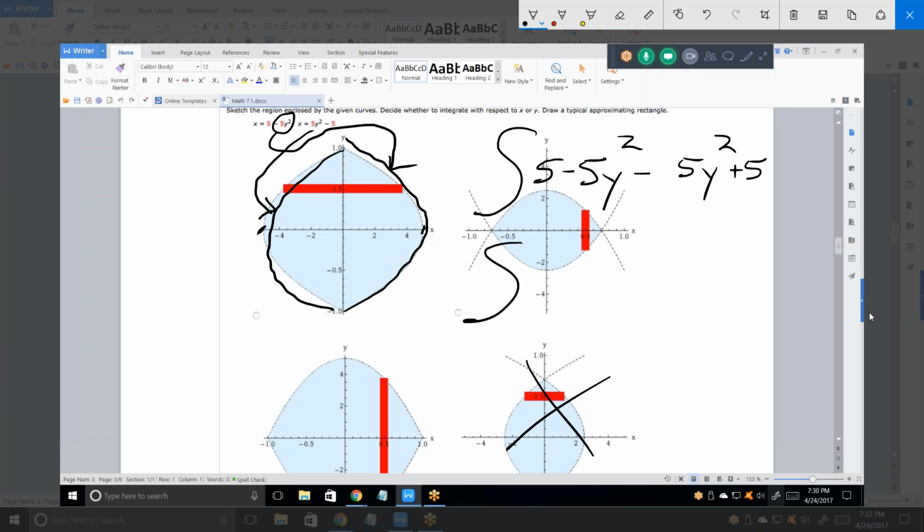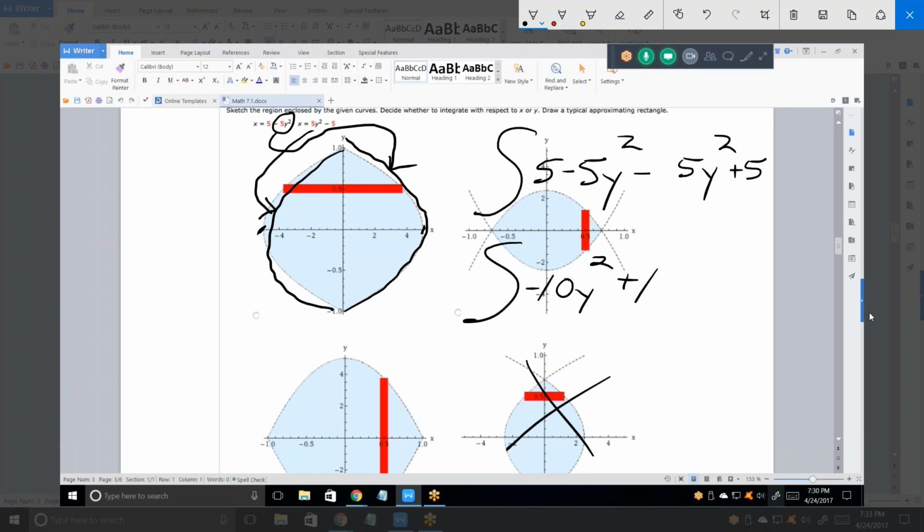We know those all don't go to 0 because we can see there's some area there. If you're tempted to take a quick look at that and say everything cancels, we can tell that's not true just by looking at it. It's got to have a positive area. So combine all these. What do we get? Negative 10y squared plus 10.